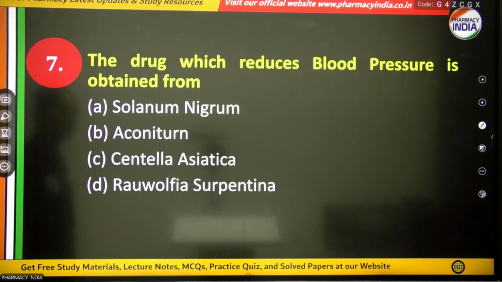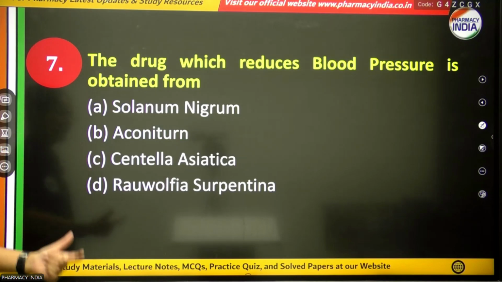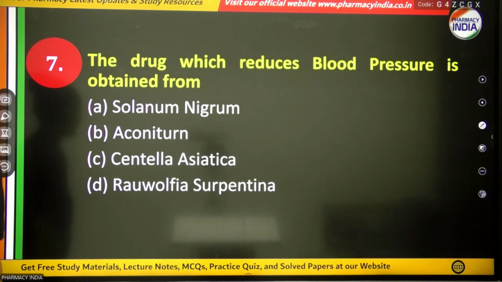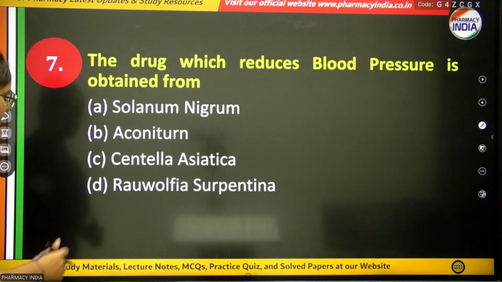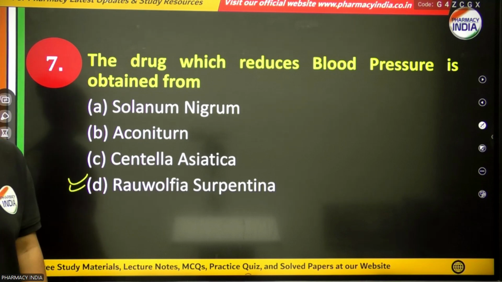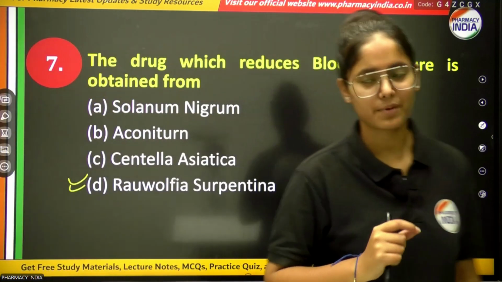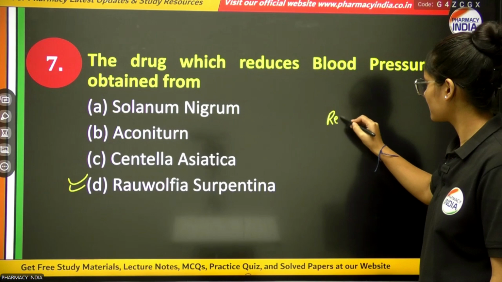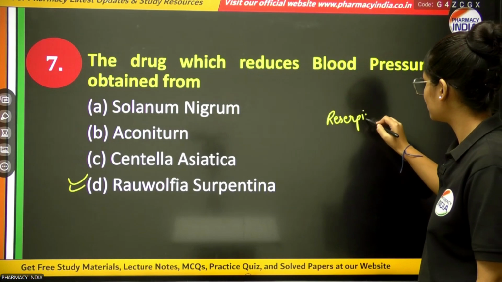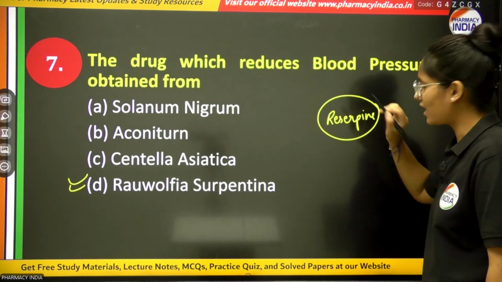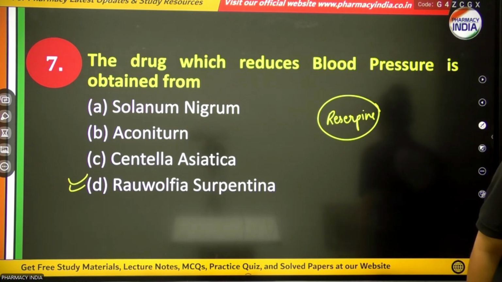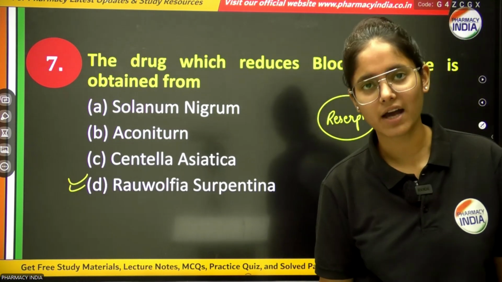All right. Next, the drug which reduces blood pressure is obtained from Solanum nigrum, Aconitum, Centella asiatica or Rauwolfia serpentina. So the correct option will be D, Rauwolfia serpentina. Reserpine, you must have heard about reserpine. Reserpine is a type of drug which is used to lower blood pressure, that is, hypertension.